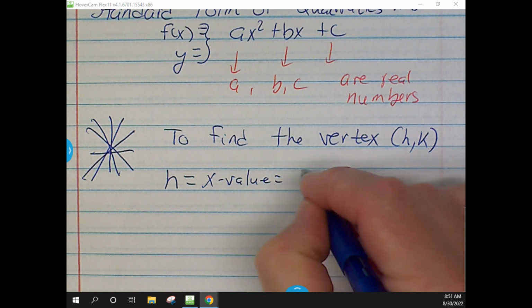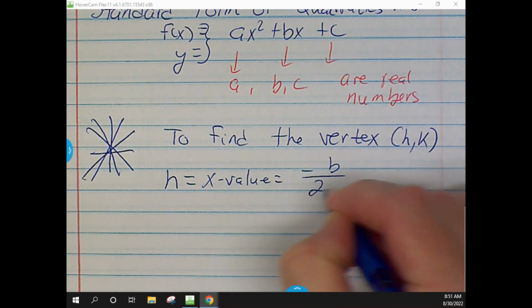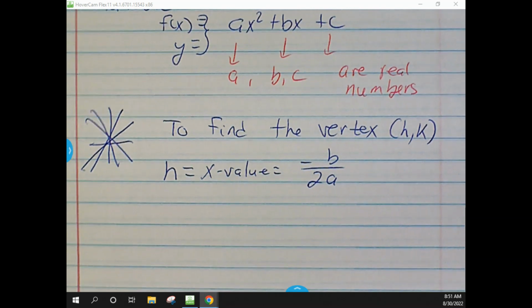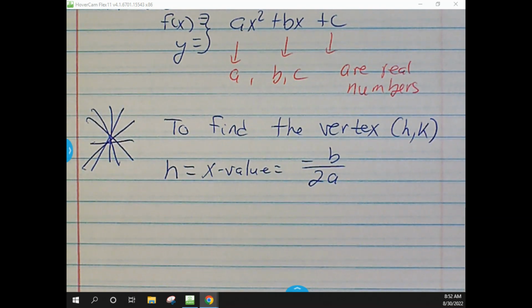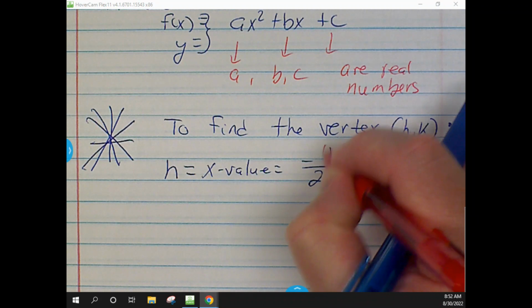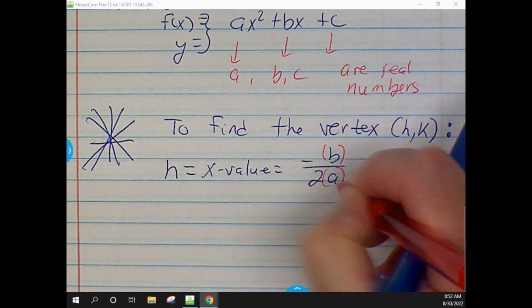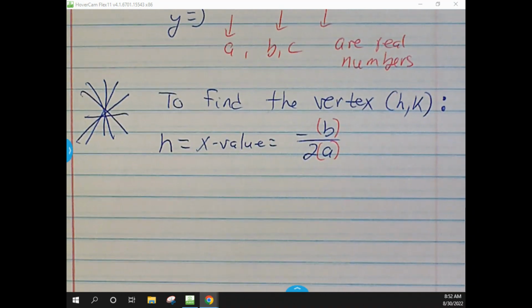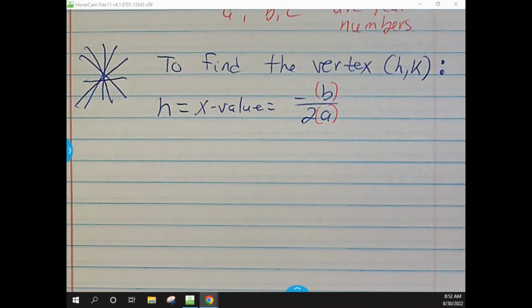It's going to be negative b over 2a. This may be a little bit of overkill, but I'd rather go overkill than underkill. When you plug in your a and your b values, go ahead and put them in parentheses. I know it's a small thing, but sometimes it's the little things that make all the difference, right?